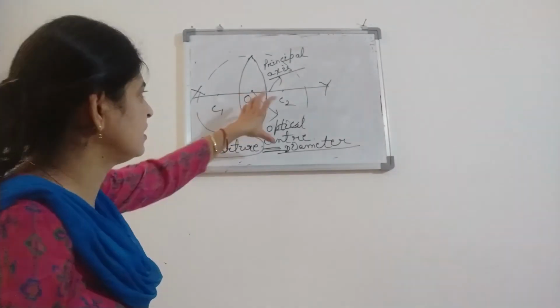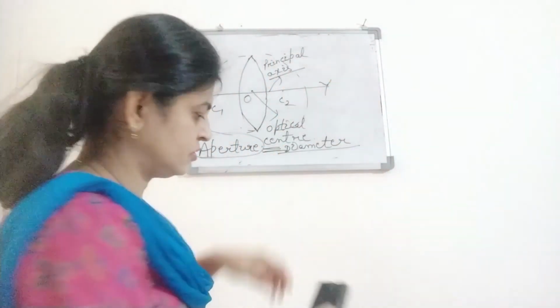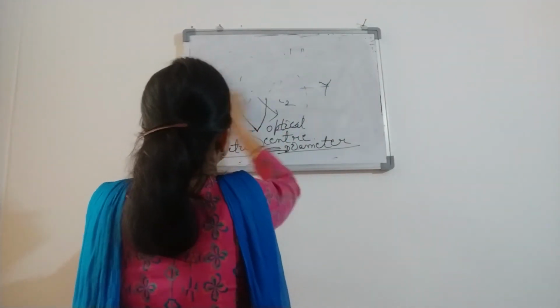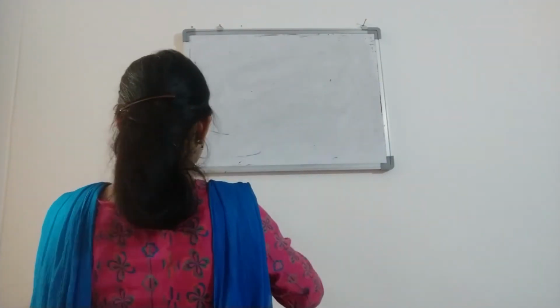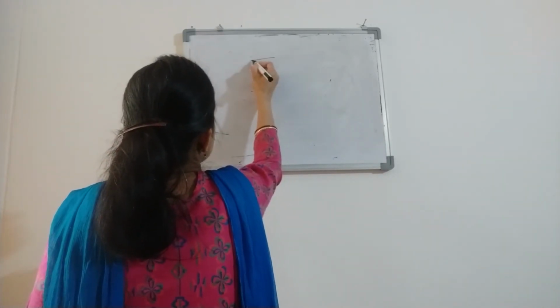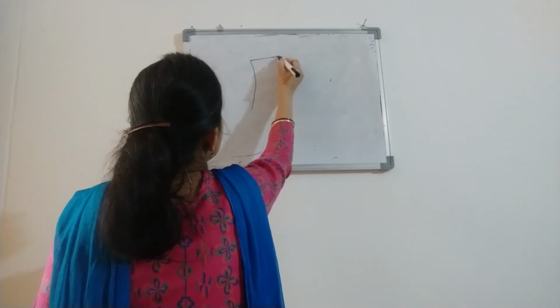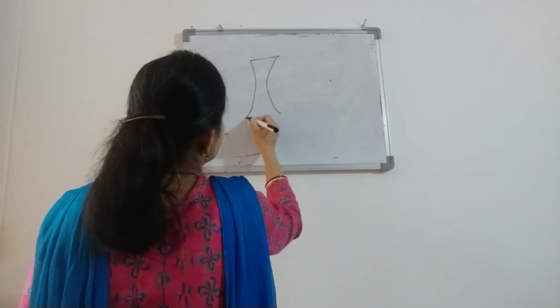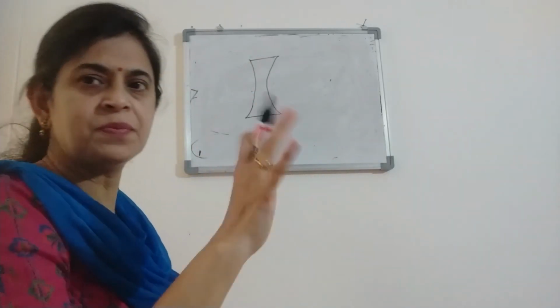So in the case of your concave lens, the same terms are used. Concave lens means the edge part is thick and the middle part is thin. So first mark the optical center.